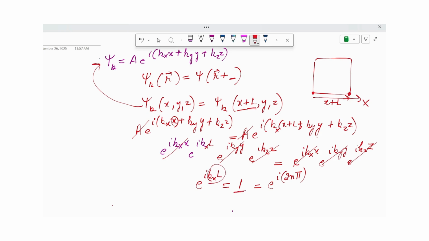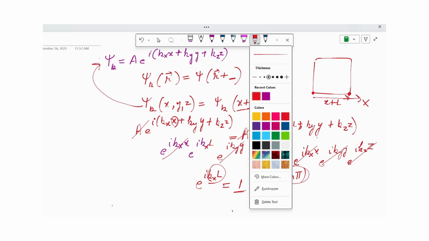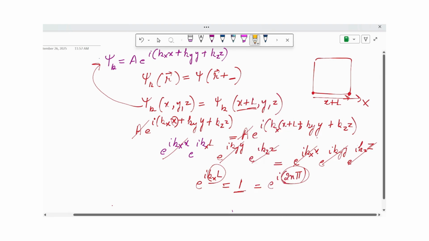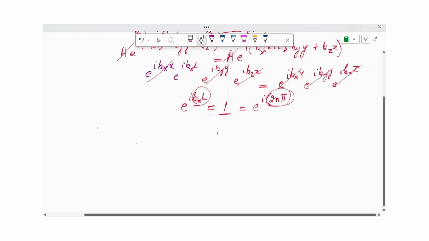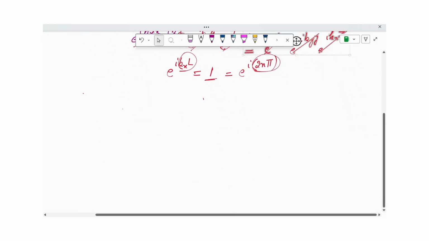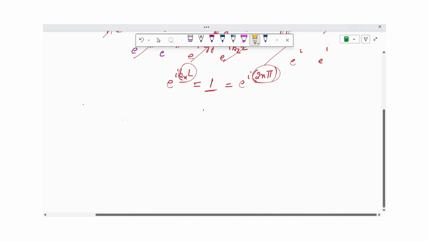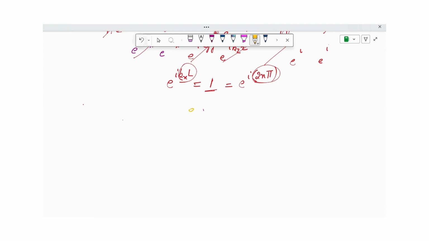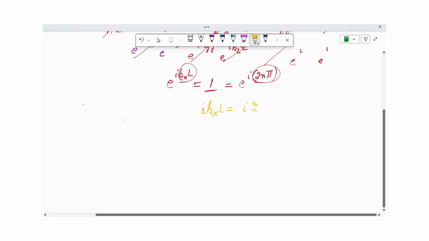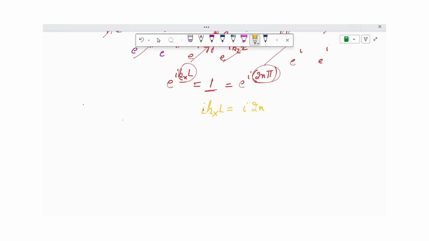So here what we have concluded is that iota kx L is equal to iota 2n pi.